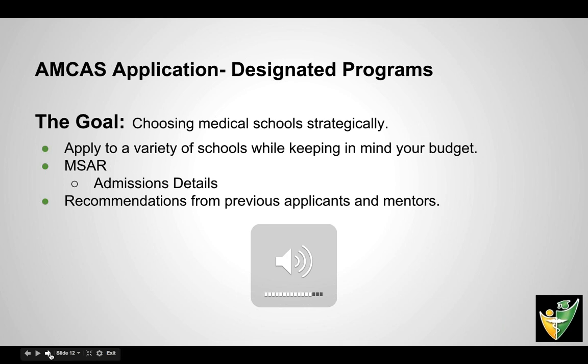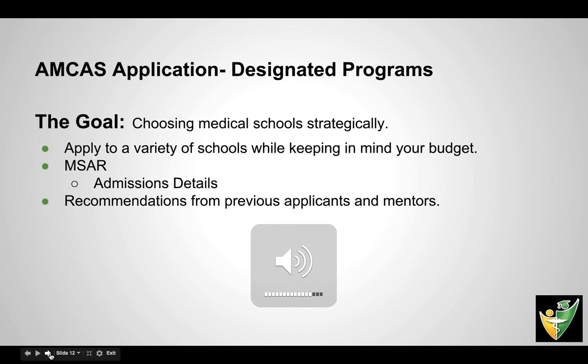And I mentioned in the PowerPoint, keep your budget in mind, because for each school, if you don't have FAP, you're going to have to pay for the secondary, even the primary fee as well, and even a flight out for interviews. A lot of miscellaneous costs are associated with the number of schools you decide to apply to.